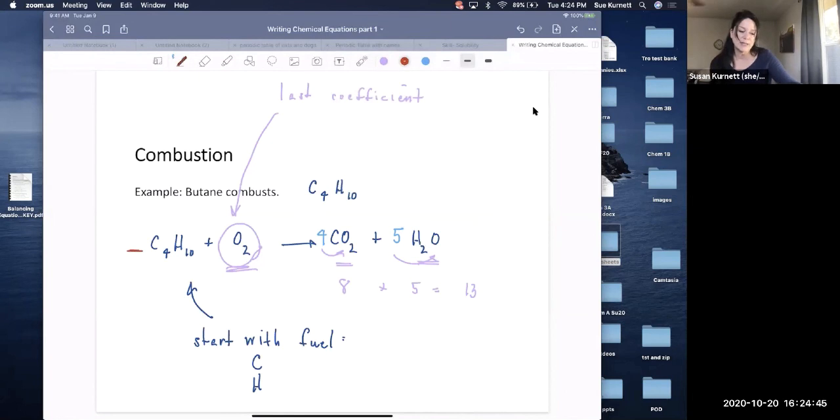I had an implied 1 here. I make it a 2. This 4 becomes an 8. This 5 becomes a 10. And now I have 8 times 2 is 16. 10 times 1 is 10. 26. I have an even number. 13 oxygens. So for balancing combustions, start with the fuel and end with the oxygen.